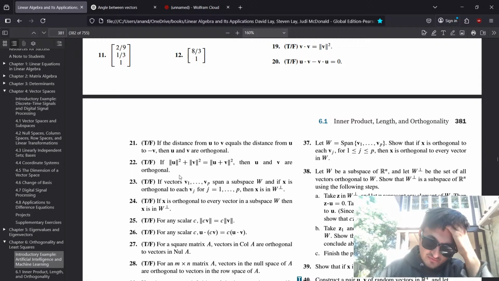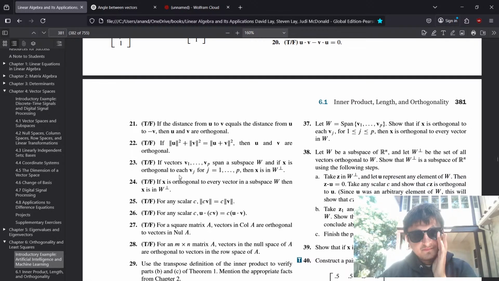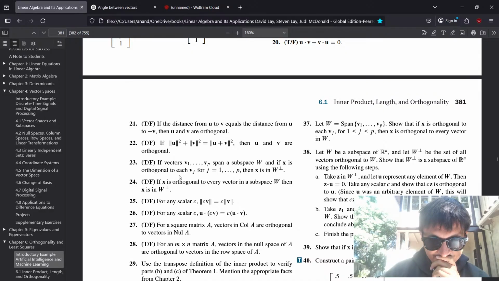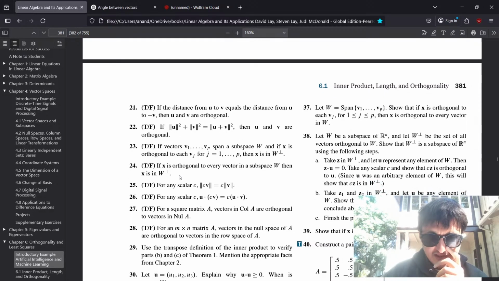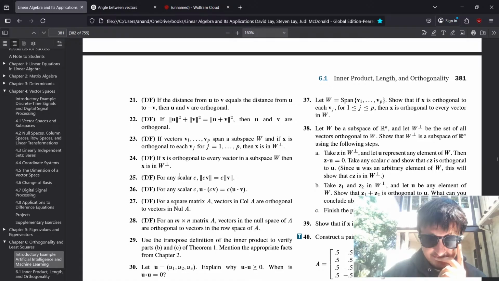24. If vectors V1 to VP span a subspace W, and if X is orthogonal to each Vj, then X is in the W perp. That's also true.